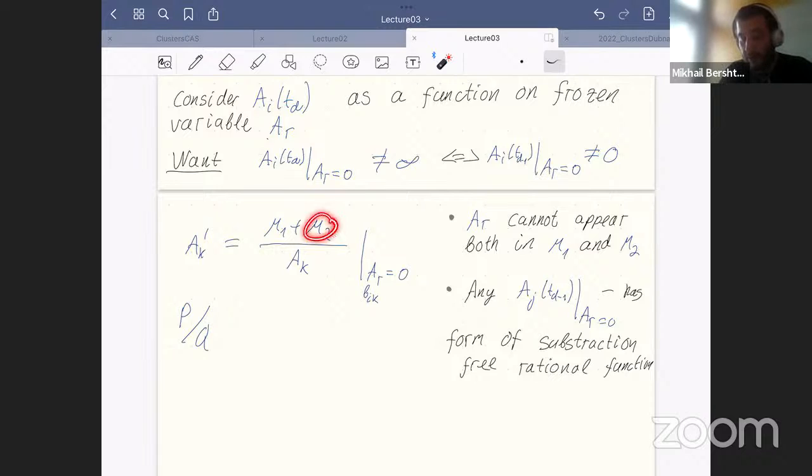So we have something non-zero in the numerator, something non-zero in the denominator, so we have a non-zero and non-infinite expression. And if AR appears in both terms, then in the numerator we get a sum of two subtraction-free expressions, which is again subtraction-free, so non-zero.